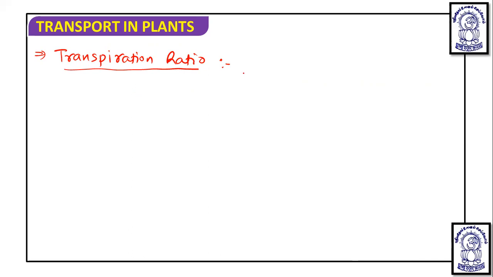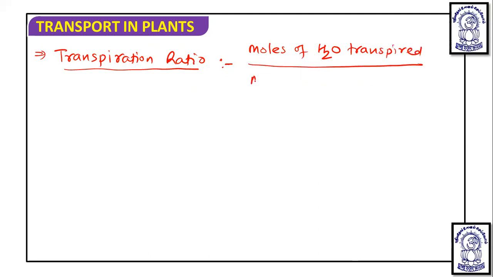So transpiration ratio is equal to moles of H2O transpired upon moles of CO2 assimilated or fixed in the synthesis of glucose.